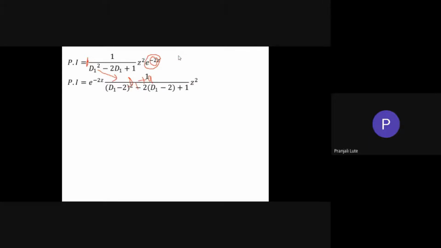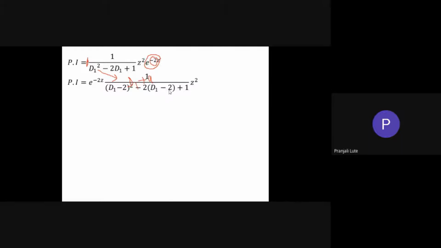So we have to write down here e to the power minus 2z outside, and replace D1 by D1 plus a, that is minus 2, so D1 minus 2 square minus 2 (D1 minus 2) plus 1, into the right hand side, that is z square.